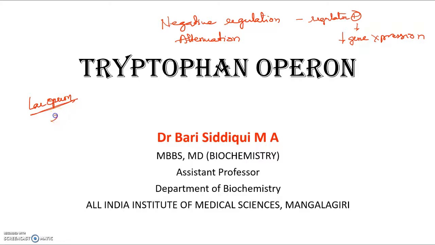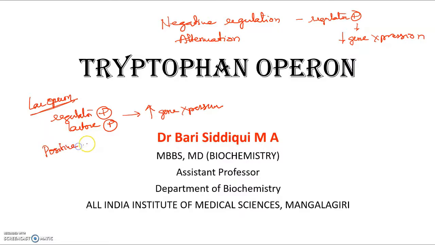When the regulator was present, that is when lactose was present, what happened to the gene expression? There was increased gene expression. So that was an example of positive regulation. Whereas tryptophan operon is an example of negative regulation and attenuation. Negative regulation is when the regulator is present, there is decreased gene expression.